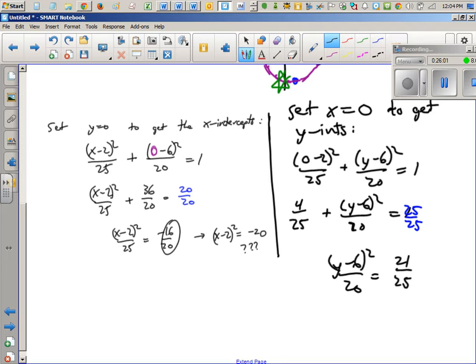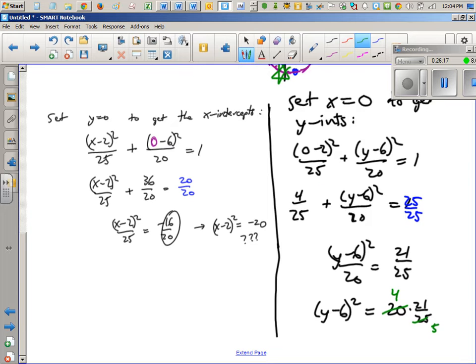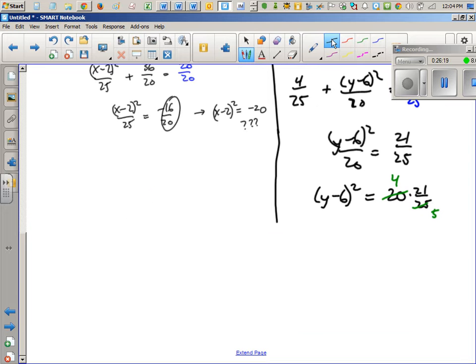So sorry about the ugly numbers, but it is what it is. And you have (y minus 6) squared equals 20 times 21/25ths. You can reduce this to 4/5 if you like, but it doesn't really make the problem any simpler. You have y equals 6 plus or minus the square root of 84/5. And it is what it is. You can rationalize it if you wish, but I think I'm done with this problem.